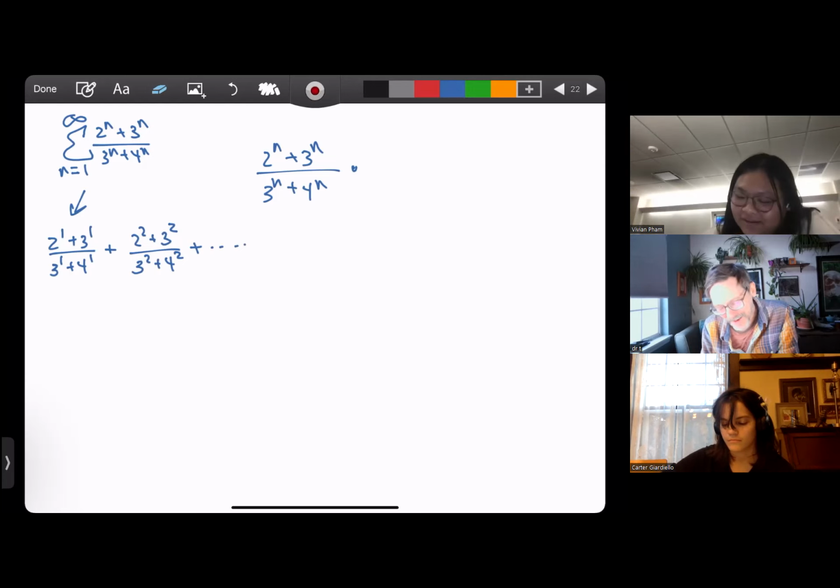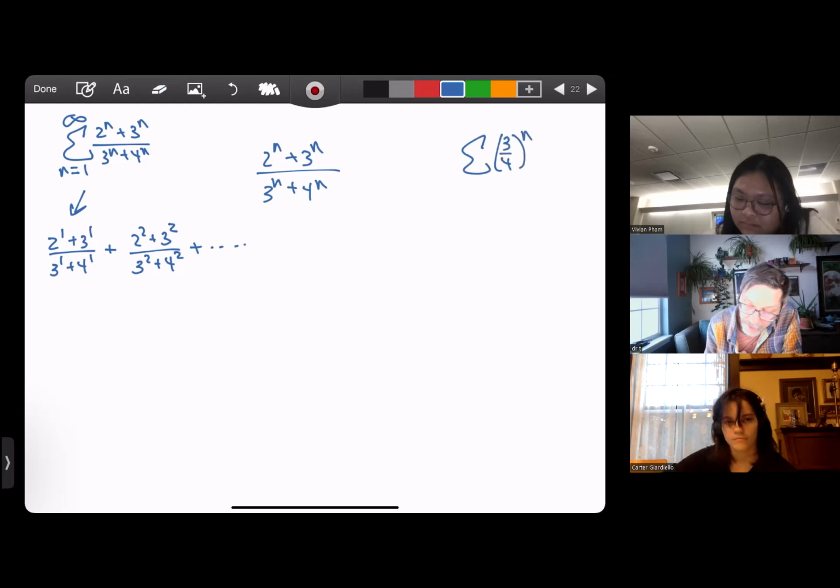Okay, so when n is really big, let's just think about this. What matters most on top? That's the 3 to the n, because it's just bigger. And on the bottom, when n is really big, what matters most is the 4 to the n. So let's compare to (3/4) to the n.